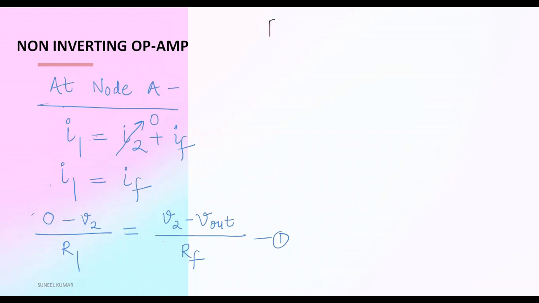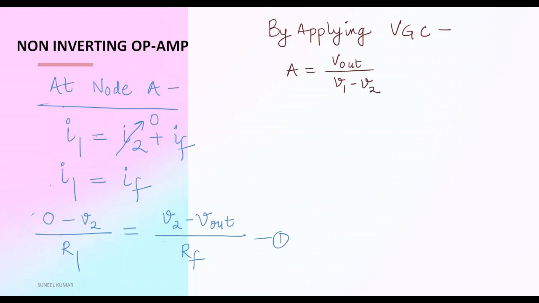Now by applying the virtual ground concept. What we have seen, we have considered infinite gain. That means A is basically V output divided by VID, that means V1 minus V2.